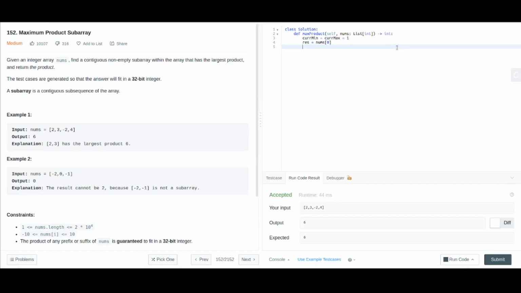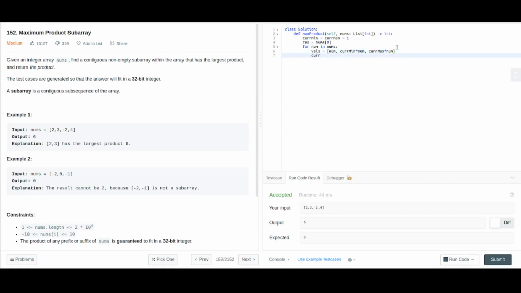Once we have that, we simply do a for loop and iterate over nums. And we want to take care of all the possibilities, so we can do that: current min times num, current max times num, and num.